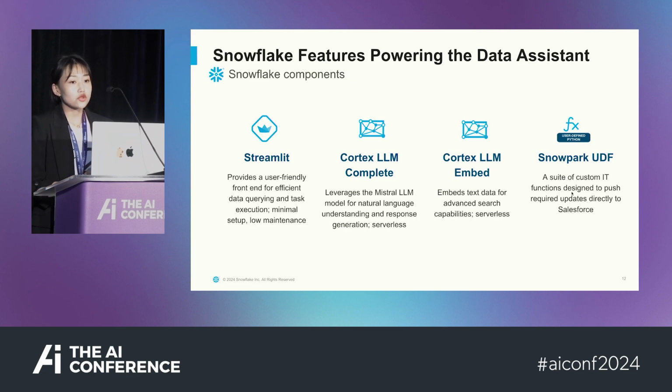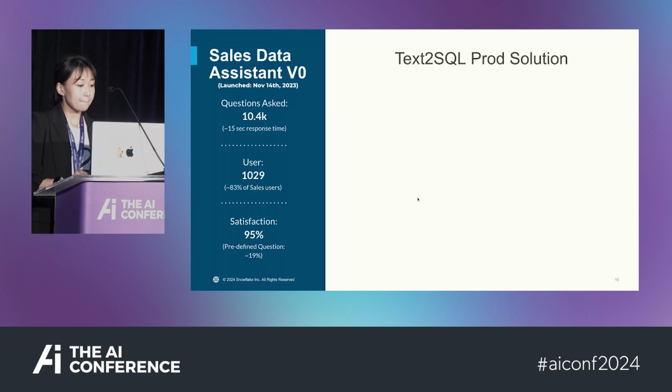So it helps us to automate some workflows, like pushing updates directly to another system, and you can build all kinds of data workflows using Snowpark UDF. So with Streamlit, Cortex LLM, and Snowpark all together, we have everything we need to make the data assistant powerful, fast, and easy to use.